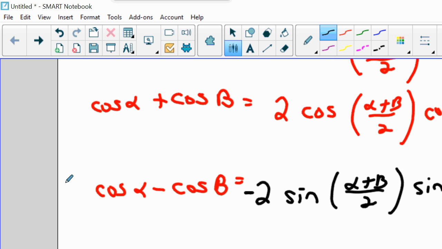So, not that I despise cosine of 7x minus cosine of 4x, but it can be rewritten as negative 2 sine of 11x over 2 sine of 3x over 2.